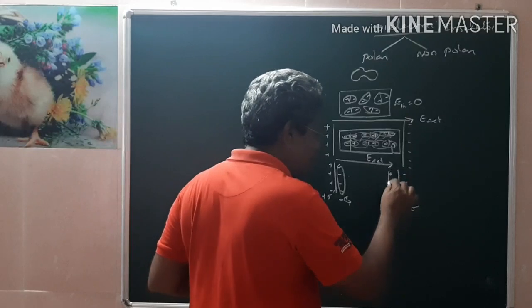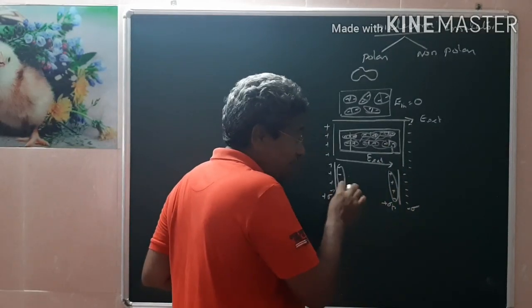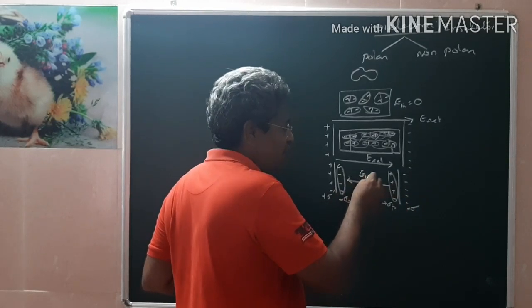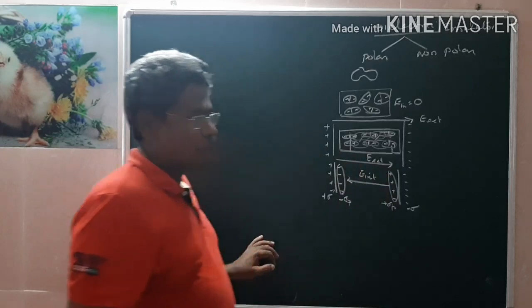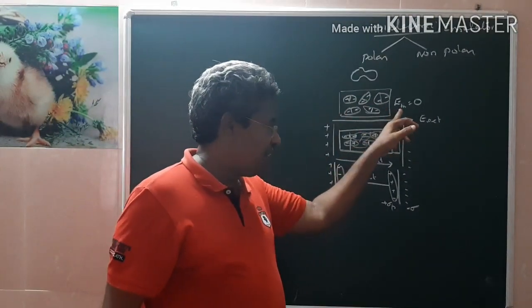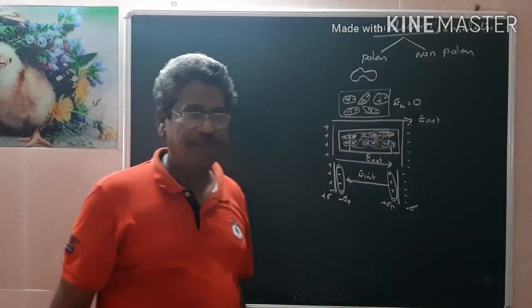These positive and negative charges existing near the plates at both ends will produce a field in the opposite direction. This is called the internal field. Originally, in the absence of an electric field, the internal electric field is zero, because all the dipoles are randomly oriented.